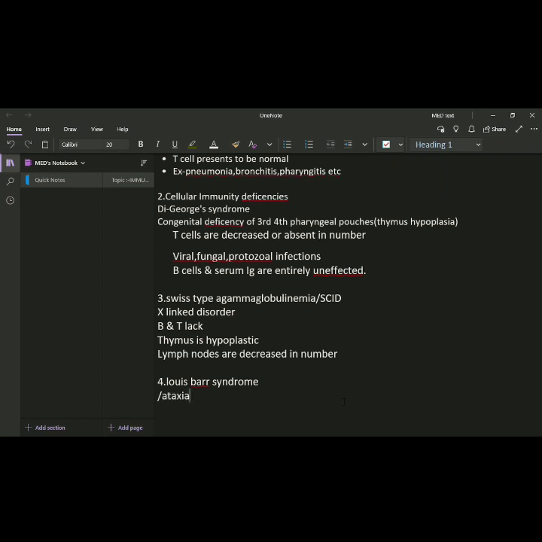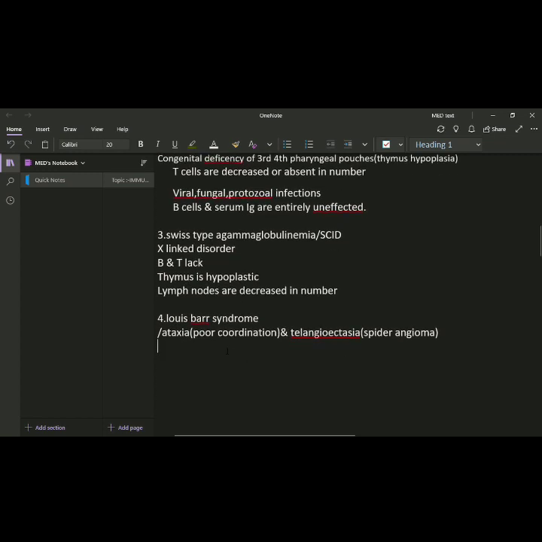Ataxia means poor coordination, and telangiectasia means the blood vessels of the body will get dilated and appear as a spider. So it is called a spider angioma. This syndrome is also called ataxia telangiectasia disorder or disease.